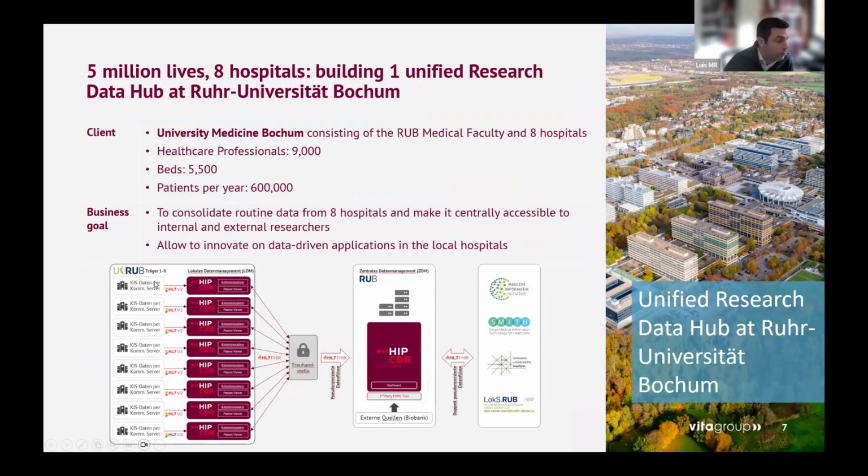They would move the data considered of interest for research to the platform, and that was done by ingesting data in HL7v2, which is translated by our CDR bridge into openEHR and stored in the HIP openEHR Enterprise Core.